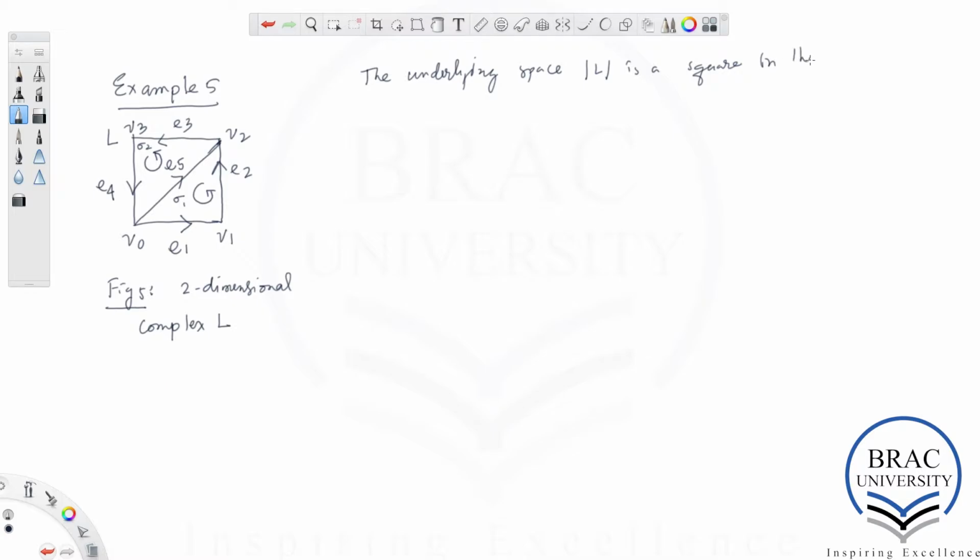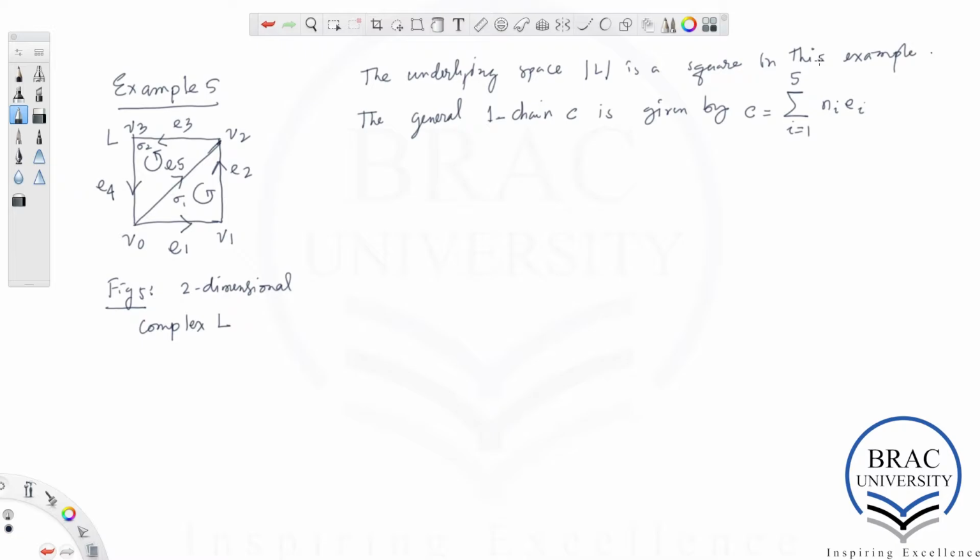In this example, the general one chain C is given by C equal to sum over i of Ni Ei, where Ei are the elementary chains corresponding to the oriented one simplices Ei.